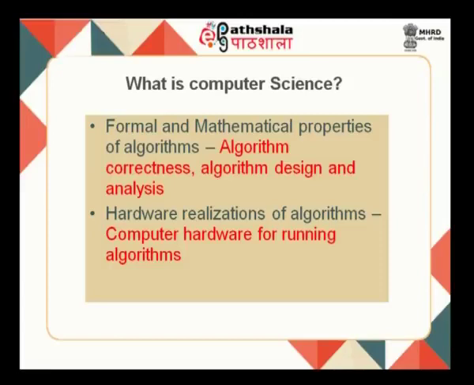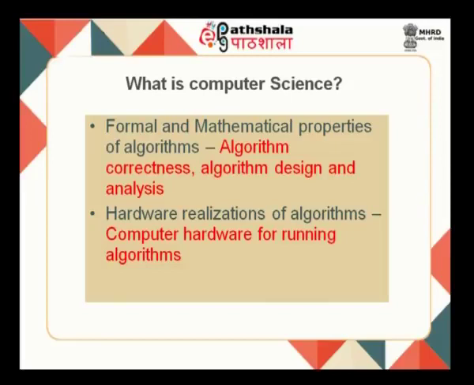What is meant by the formal and mathematical properties of algorithms? This means the studies about various aspects like this: algorithm correctness, that is how to prove that a given algorithm is right; algorithm design, for a given problem how to design an algorithm; and algorithm analysis, given an algorithm how to analyze that algorithm in terms of space as well as time.